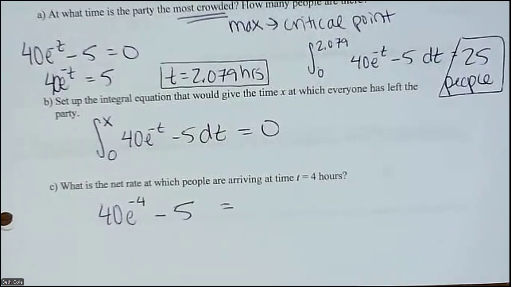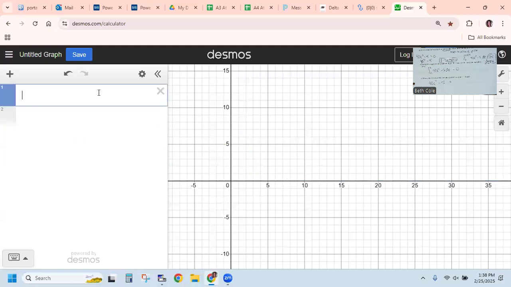We can decimal point this one, because it's not an actual number of people, it's a rate of people per hour. So 0.7 of a person is arriving. So negative 4.267.